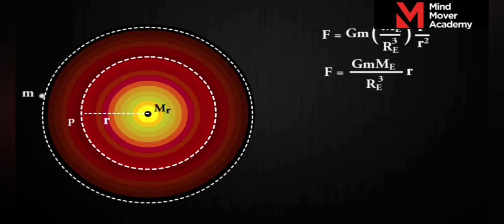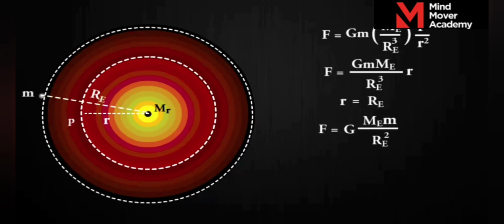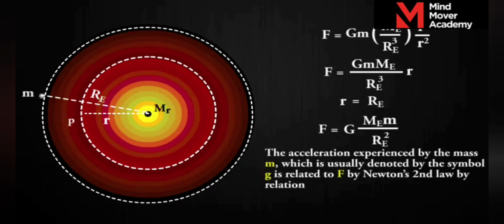If the mass m is situated on the surface of the Earth, then r is equal to Re, and the gravitational force on it is F is equal to G Me m upon Re raised to the power 2. The acceleration experienced by the mass m, which is usually denoted by the symbol g, is related to F by Newton's second law of motion.